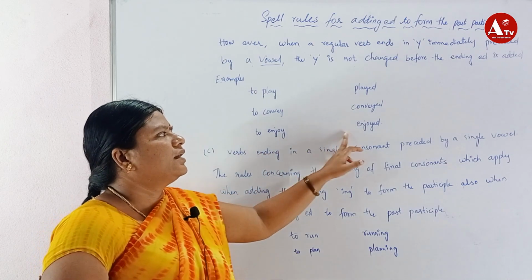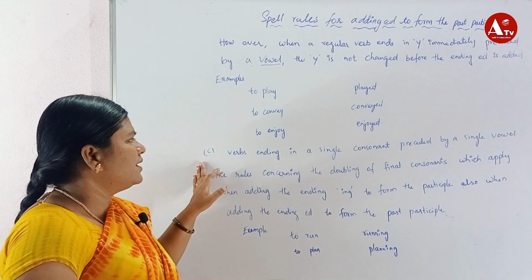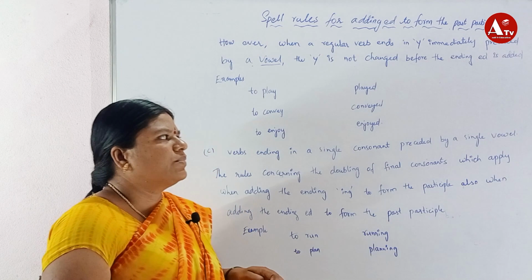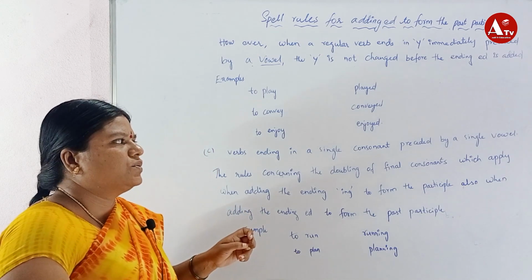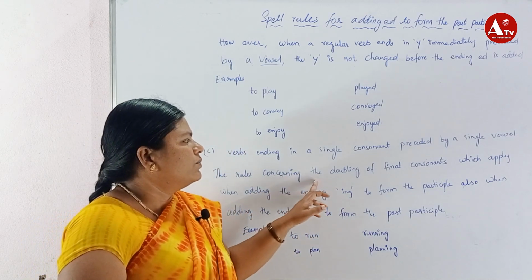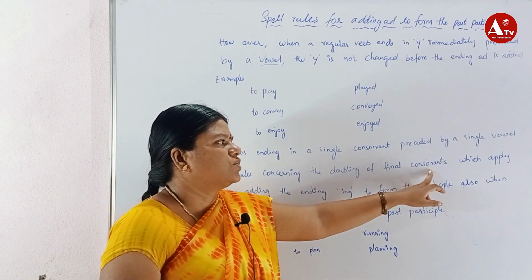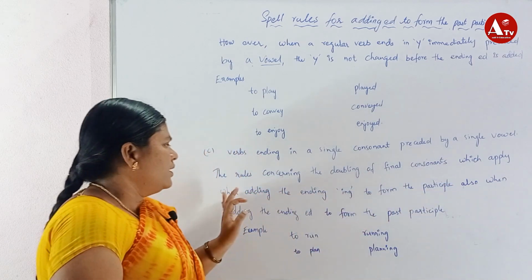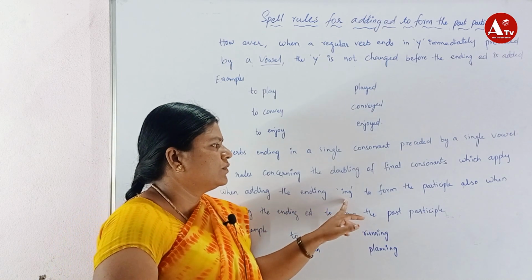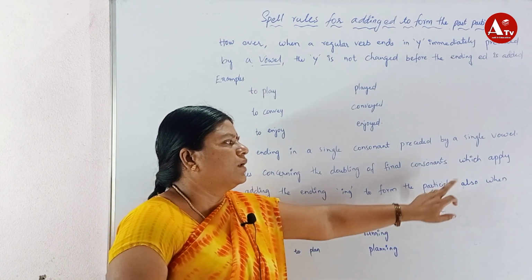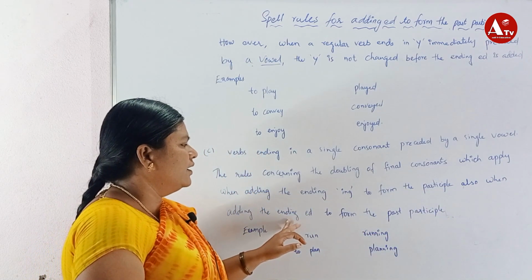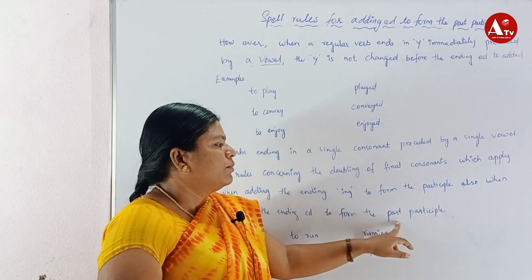To enjoy, enjoyed. Next, verbs ending in a single consonant preceded by a single vowel. The rules concerning the doubling of the final consonant apply when adding the ending -ing, and also when adding the ending -ed to form the past participle.